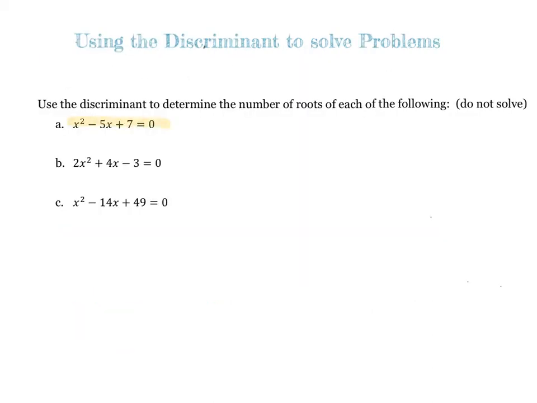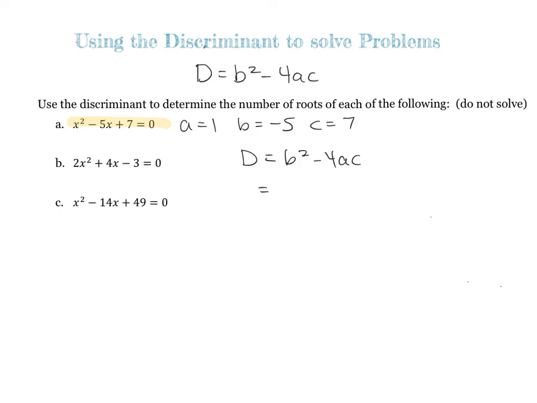Okay, let's look at some examples now of how we would use the discriminant to solve problems. Remember, the discriminant is defined as b squared minus 4ac when you have your quadratic function in standard form. So let's look at the first one. In this case, a equals 1, b equals -5, and c equals 7.